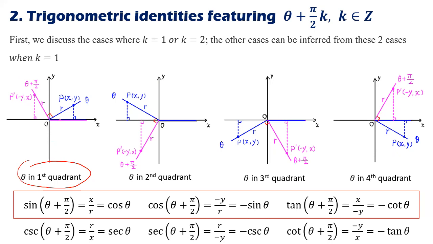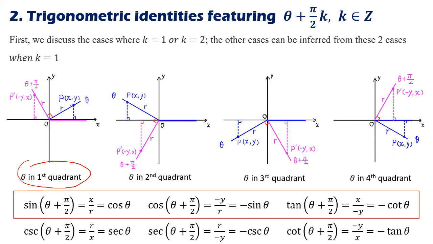If theta is in the first quadrant, theta plus half pi should be in the second quadrant, right? That means we can simply turn the terminal side of theta counterclockwise by another half pi, which means theta plus half pi must lie in the second quadrant, right?